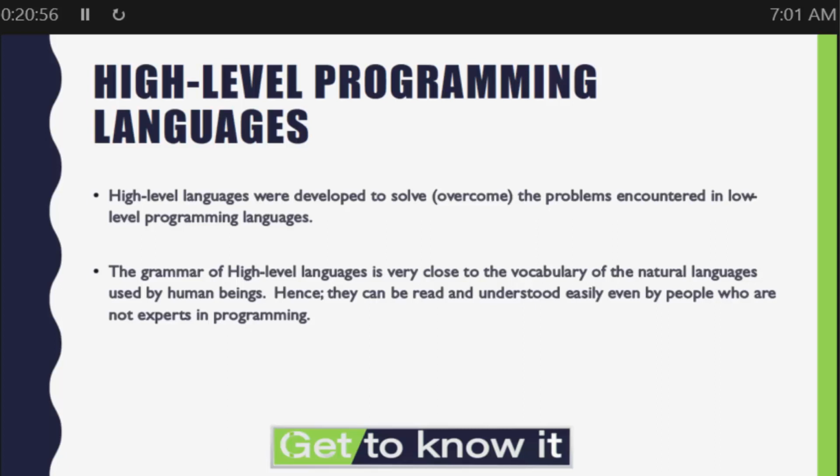With high-level languages, if you have any program written in such a language, you will require a language translator. This language translator must be installed in the computer where the program will run before you even install it. This is to ensure that the language will be translated into machine language, the language that the computer will understand.